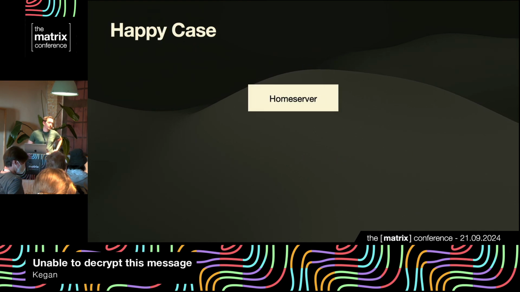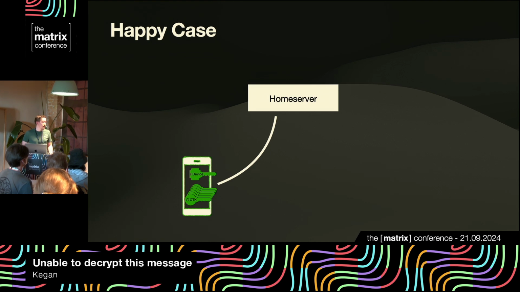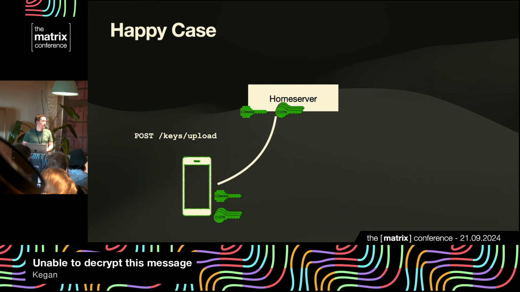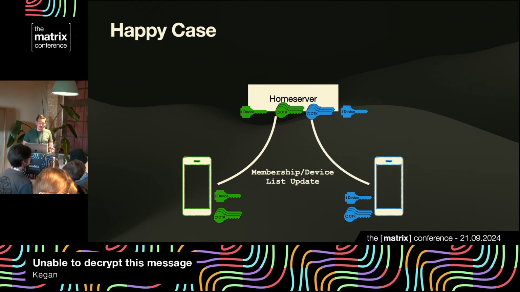So in the happy case, what happens? You have a home server, and then you log in on a new device, and your device is going to generate a bunch of keys. It's going to keep the private parts private. It's going to upload the public parts to the home server, and then someone else is going to do the same thing. Now, these two devices are unaware of each other until there is some sort of reason for them to be aware of each other.